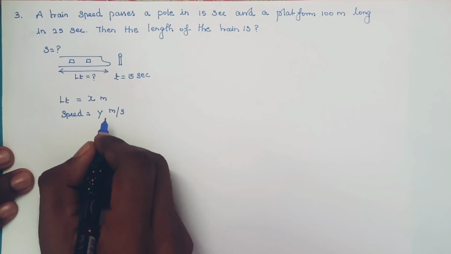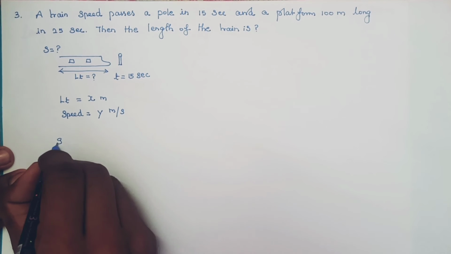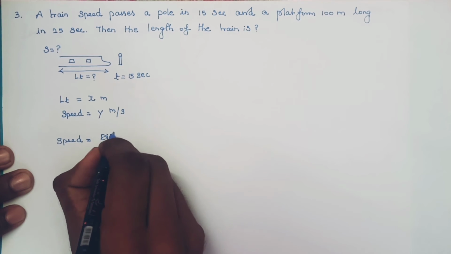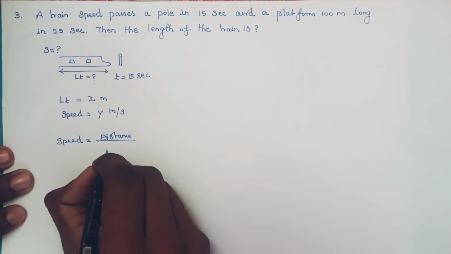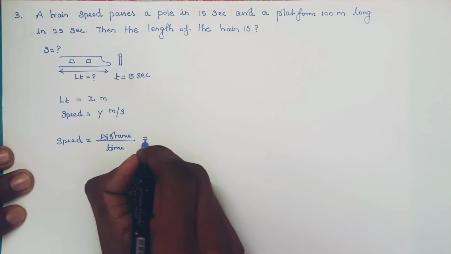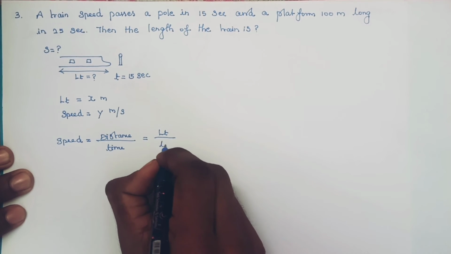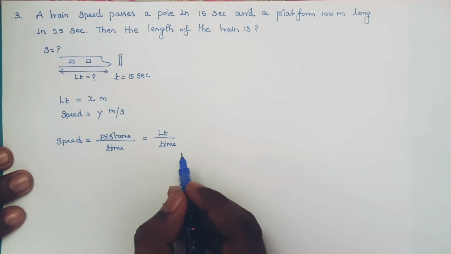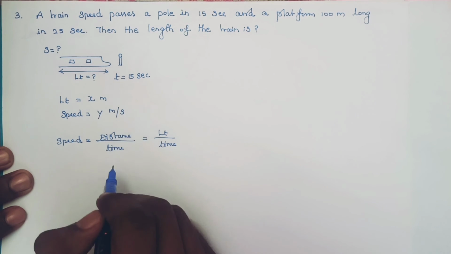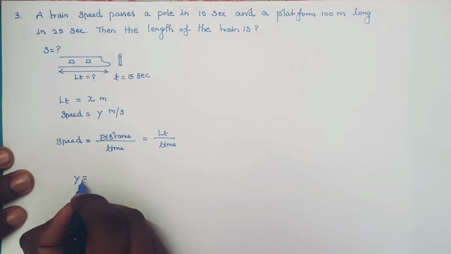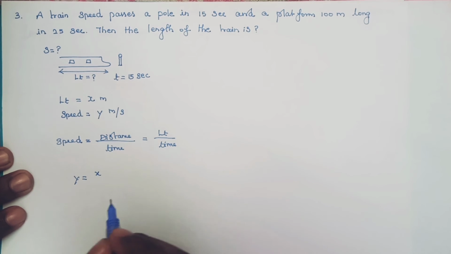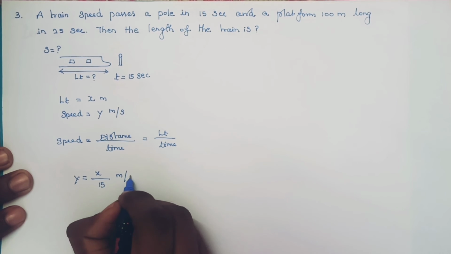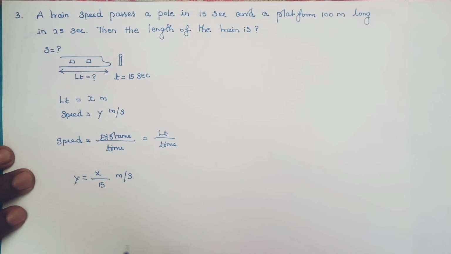What is the speed formula in the point method? Distance divided by time, that is length of the train divided by time. Speed is y, equal to length of the train x divided by time 15 seconds. So this is our speed value.